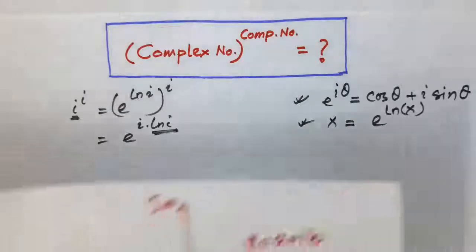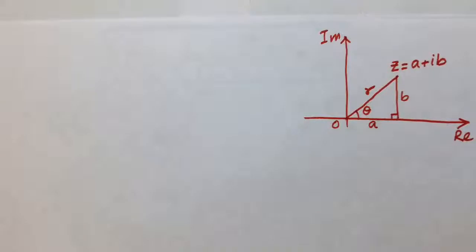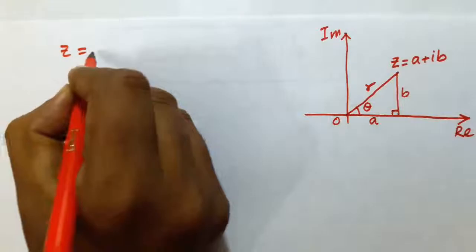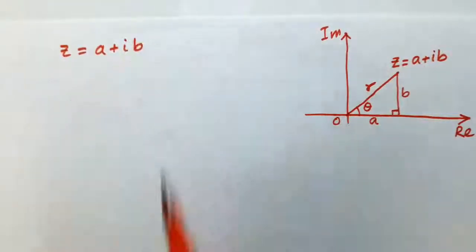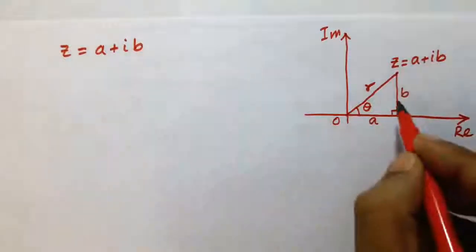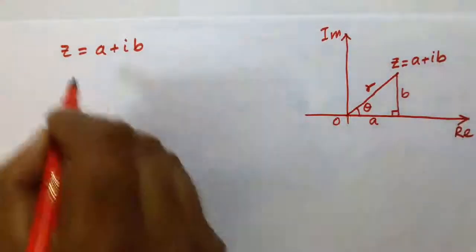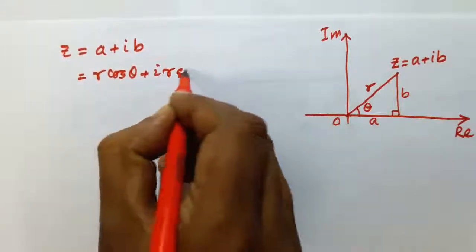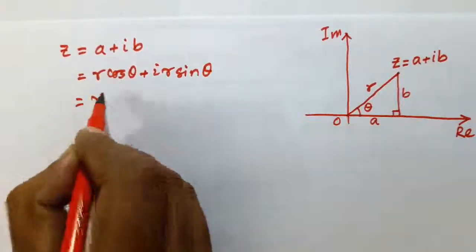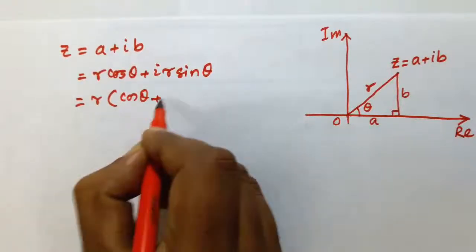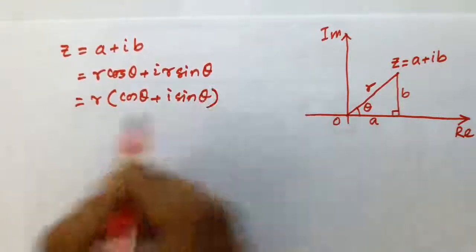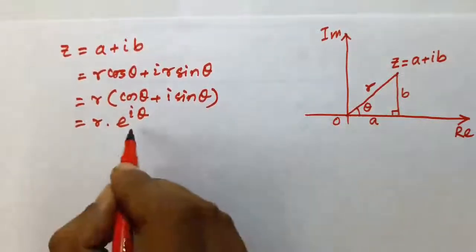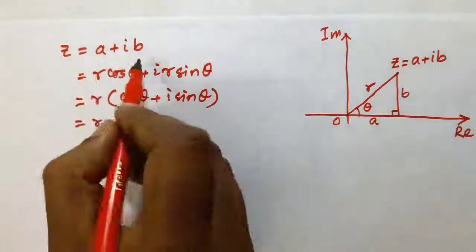study the polar form. So we consider a complex number z is equal to a plus ib. We can write this a plus ib as r cos theta plus ir sin theta, that is r into cos theta plus I sin theta, and we know that this is r into e to the power I theta, which is the polar form of the complex number a plus ib.